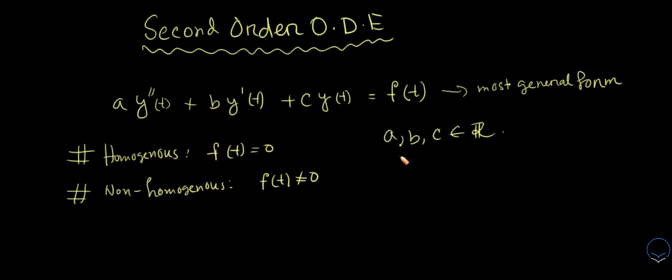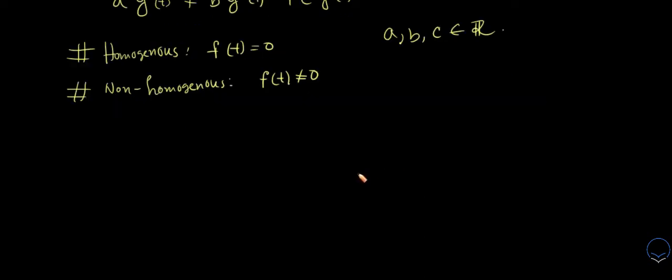But before we dive into how to solve second order ODEs, let's just talk about some prerequisites. One of the key concepts is the Wronskian of some functions. So let me just define the Wronskian for you. It's called W-R-O-N-S-K-I-A-N. Sorry, I think I made a mistake writing the name.